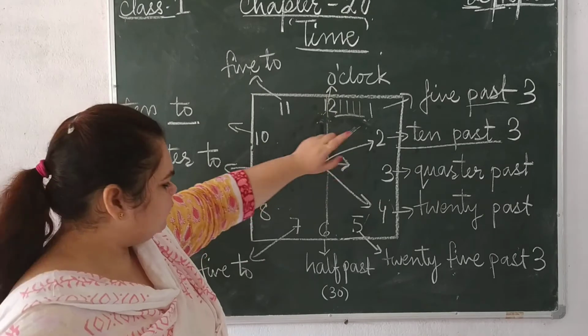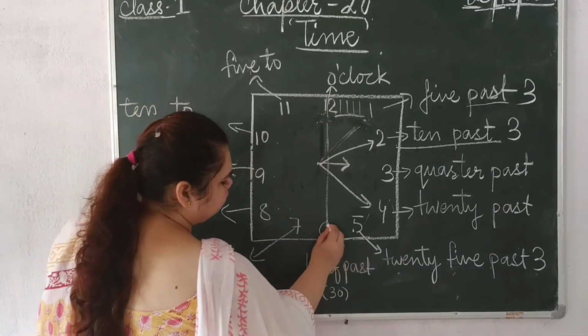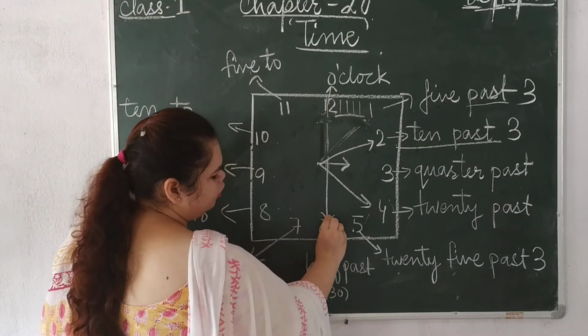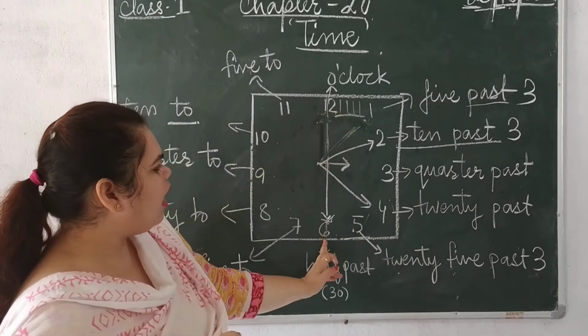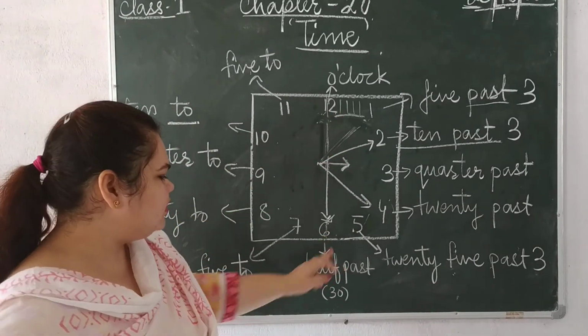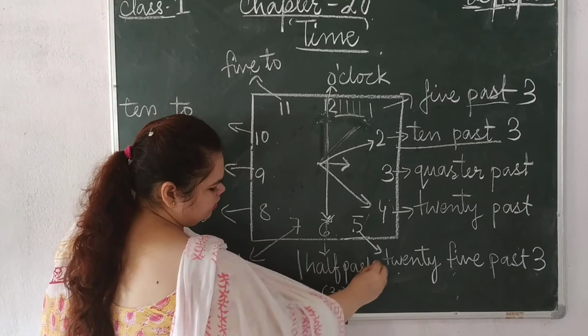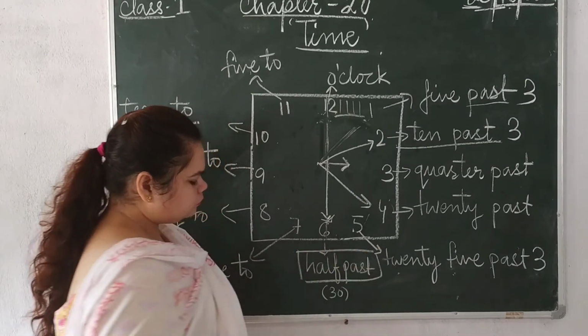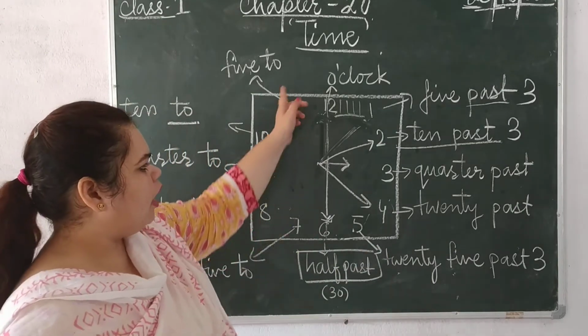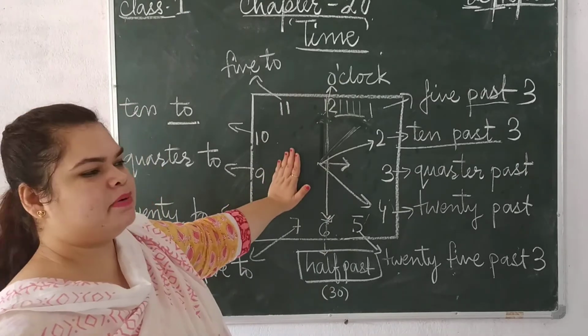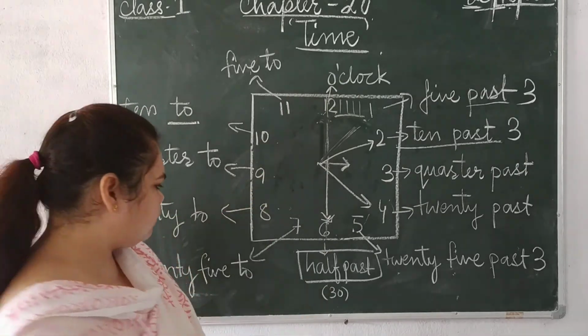Now if you see, the big hand has to come here on number 6, which is the exact half of the clock, which is why we say it is half past. Half past means out of 60 minutes, 30 minutes have been over.